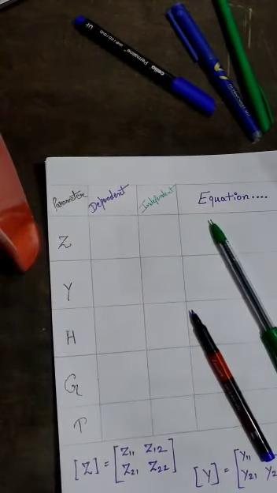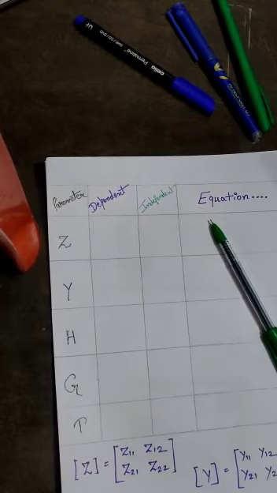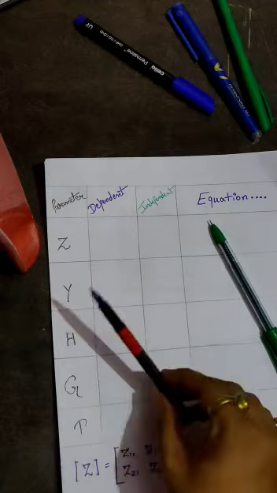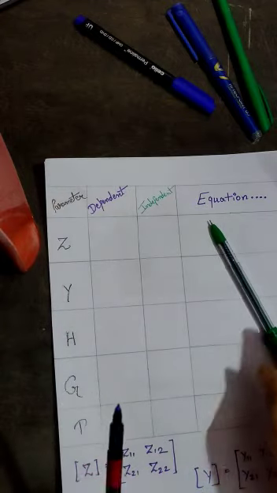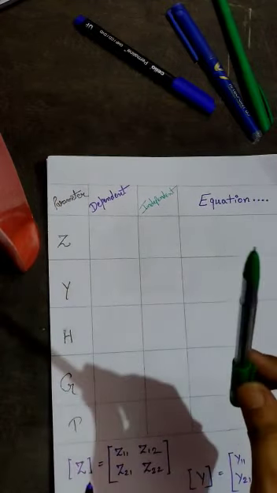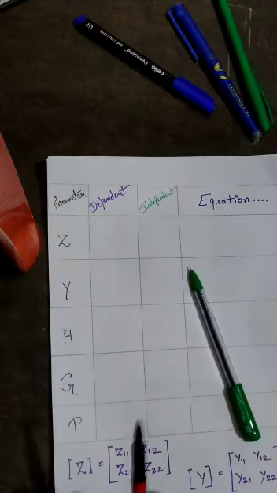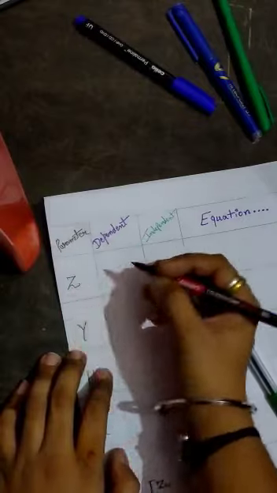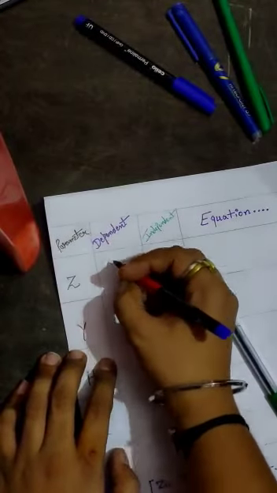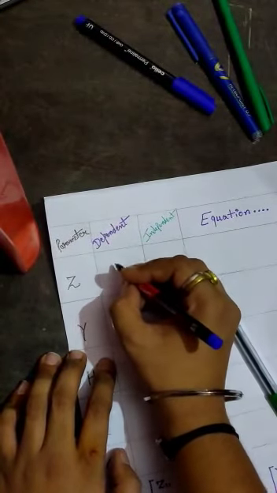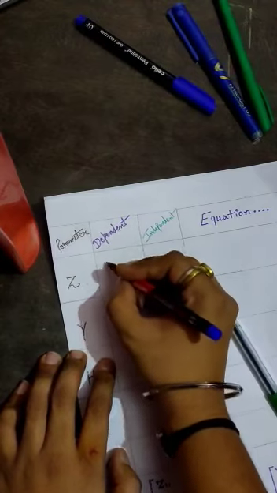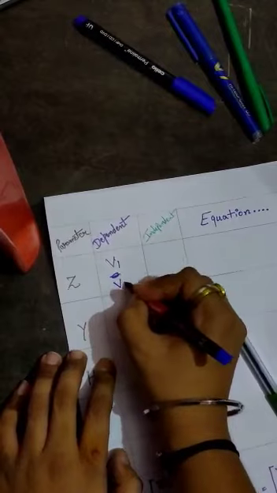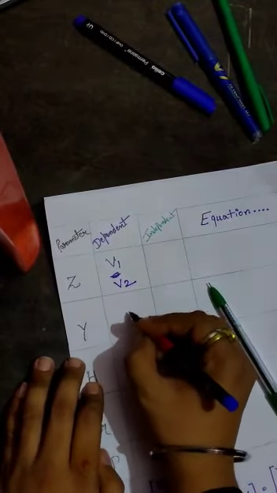Now these four variables are divided into two categories: dependent and independent. Dependent ones are blue, independent are green. In impedance, the dependent ones are V1, V2. In admittance, I1, I2.